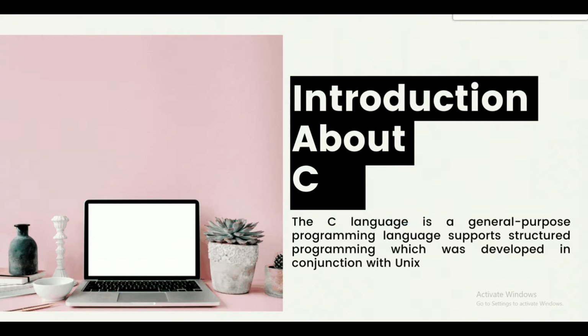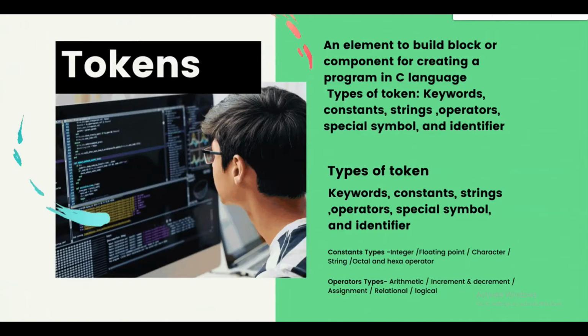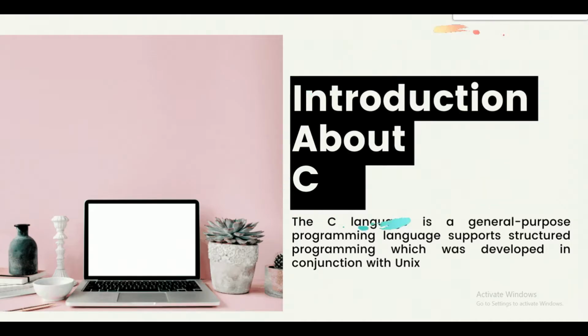Now, I'll discuss a few of the features of the C programming language. First, it is a high-level programming language. Any programming language is considered a high-level language if it is written in English. Secondly, it is a structured programming language, which reduces our designing time.